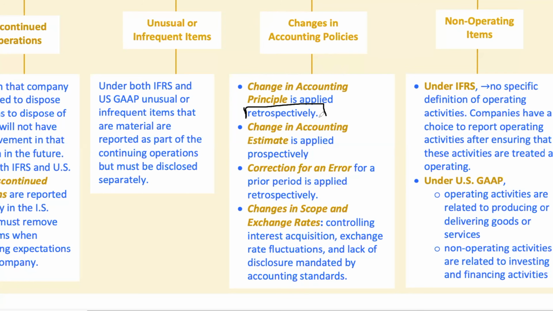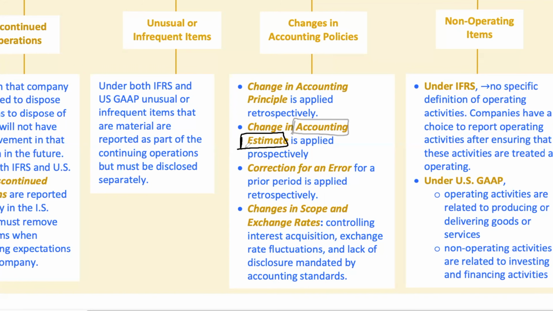When this change occurs, it's applied retrospectively. This means the company goes back and restates previous financial statements to reflect the new method, ensuring consistency and comparability over time. This way, when we compare financials across different periods, we're looking at data that's been adjusted to the same standard.